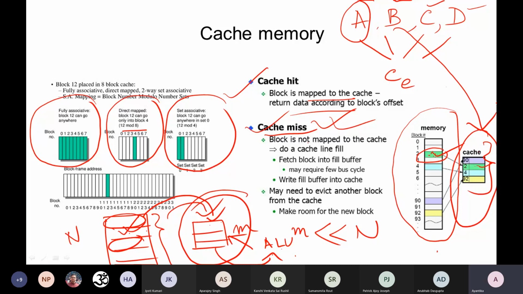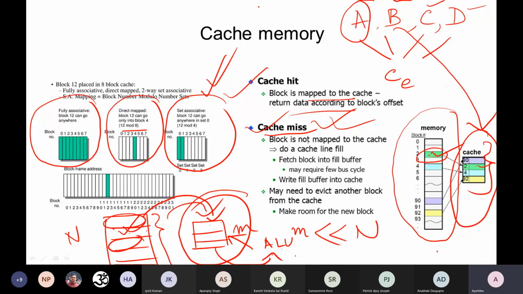That's why we generally talk about this solution, set associative mapping, where we keep a window. We do not fix that this block can go to only a particular frame or particular location of the smaller memory. And again, we are not so flexible that one memory block can go to any one of the cache memory blocks.